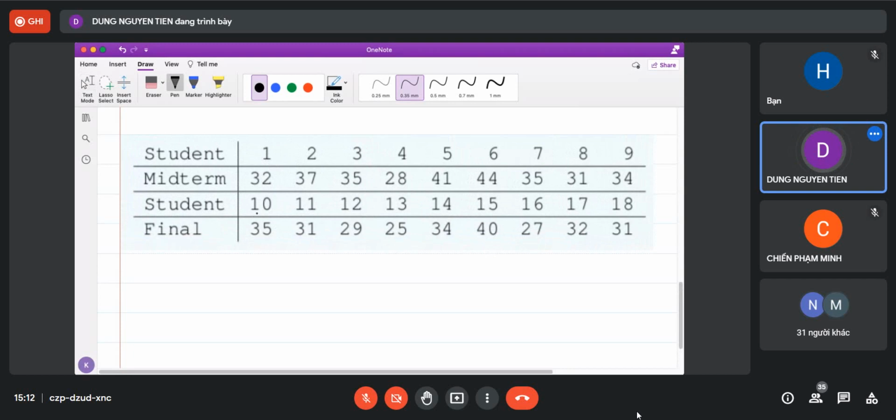But for the 10th student you get the final score, and the 11th student you get the final score, and so on. So after all, you still get 18 observations. But unlike the previous case, in this case there is no relation between these two numbers. So the two samples are independent.